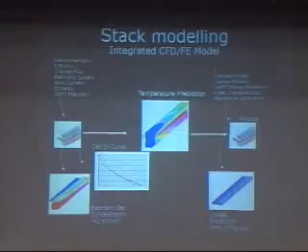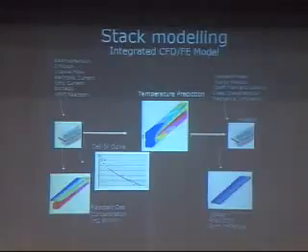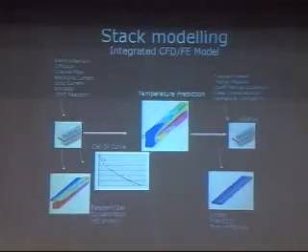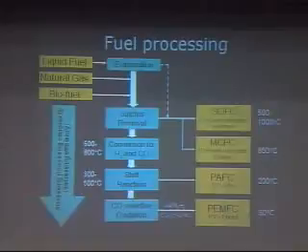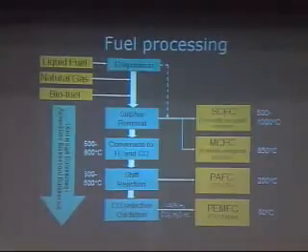The problem is you need to get the fuel through the metal plate in order for the fuel cell to work, and therefore you need to make the metal plate porous. You also need to do some processing of the fuel, and this diagram shows that you can get the fuel from a variety of sources. But I'd like to concentrate on how you actually make the metal plate porous.